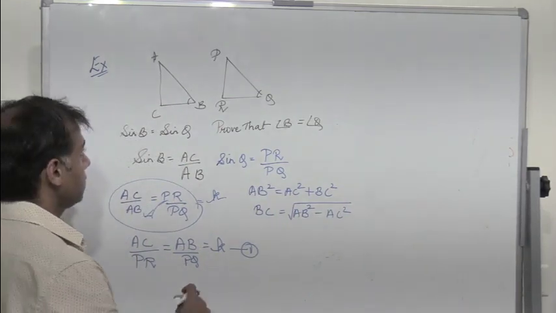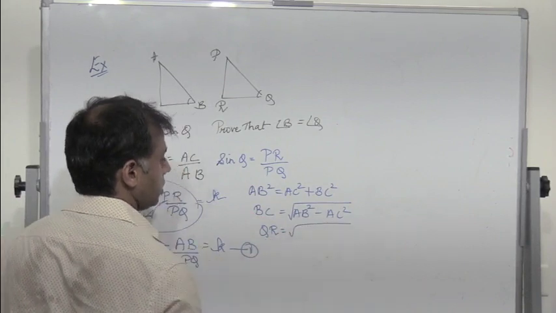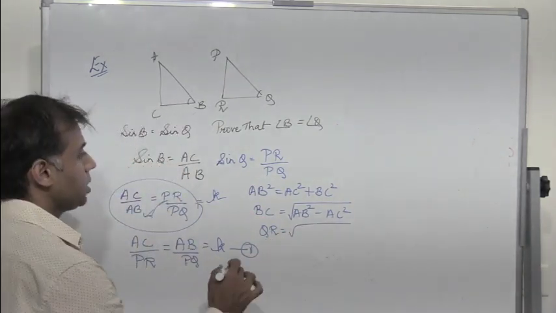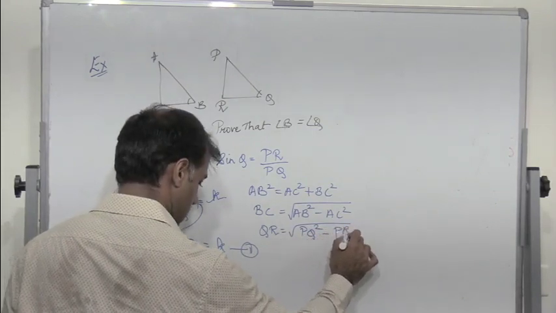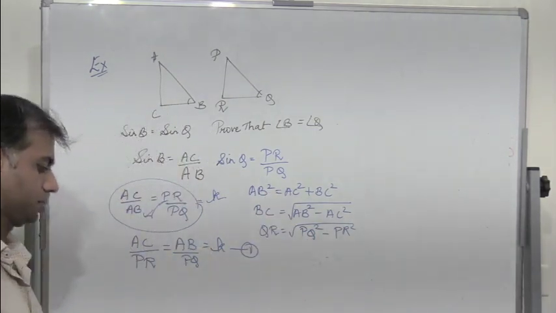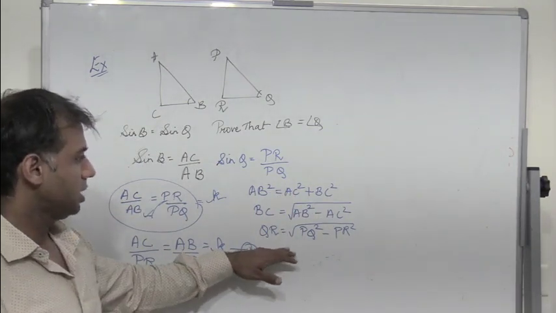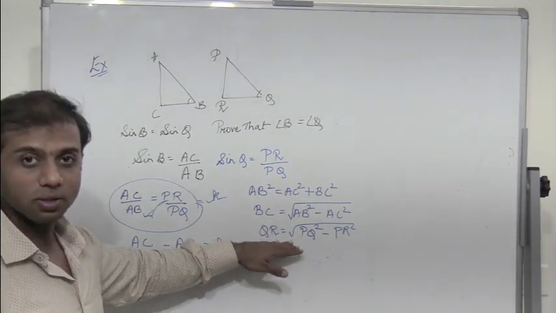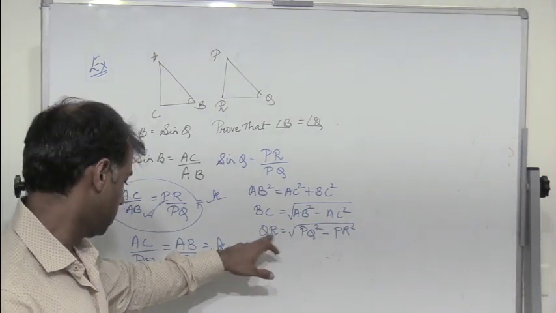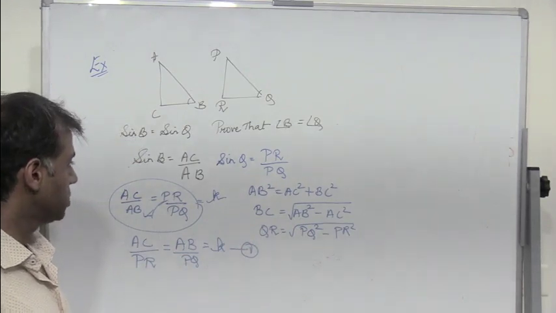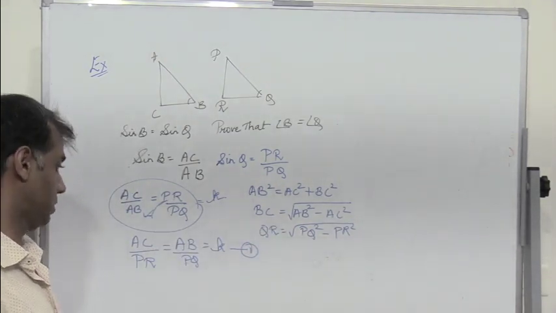Similarly here, QR, which is the adjacent side, is equal to PQ square minus PR square, under root. I hope this is clear till here. This again we have got by using the Pythagoras theorem. So I have BC equal to this, QR is also equal to this. Now let us take the ratio of these two, BC by QR.